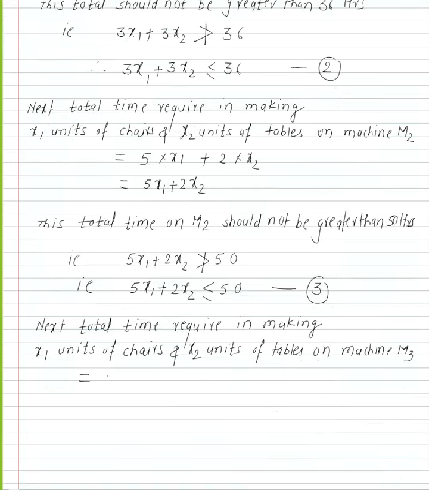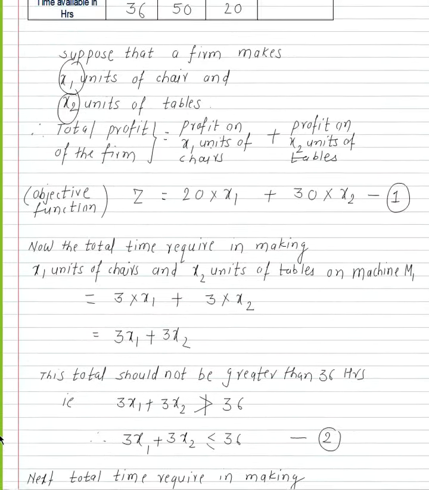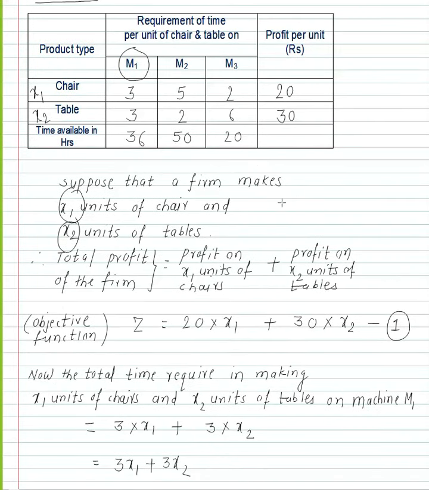One unit of chair requires 2 hours on machine M3, so x1 units will require 2 into x1 hours.